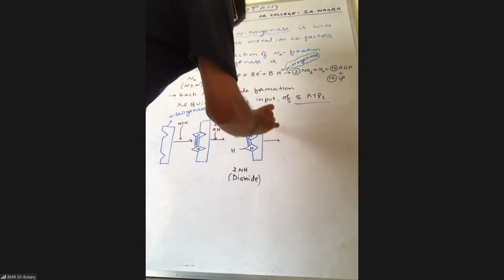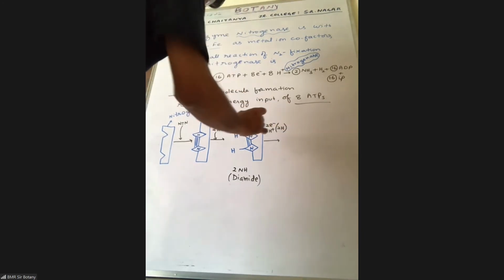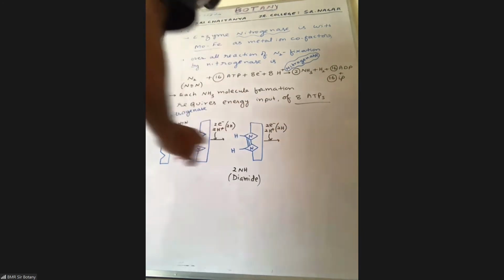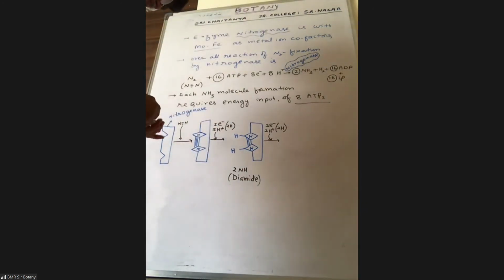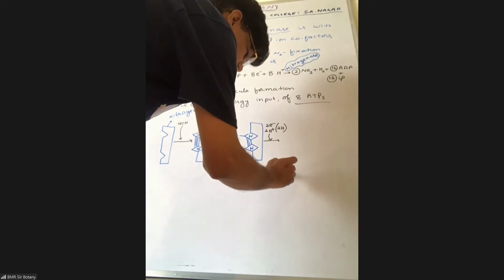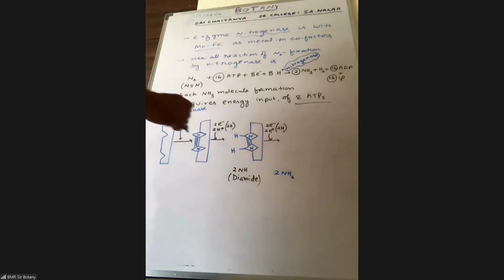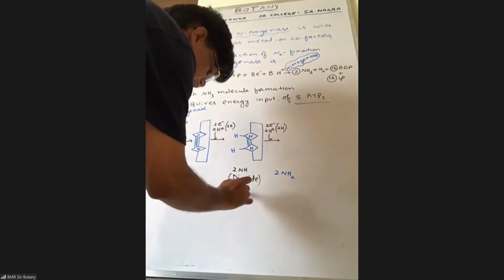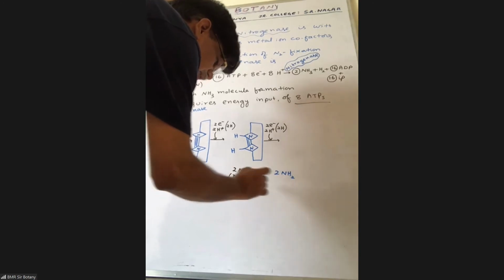Third step, 2 more hydrogens. So 2 more electrons, 2 more protons, nothing but 2 hydrogens more. What are you likely to get now? 2NH2, which can otherwise be shown like this here.